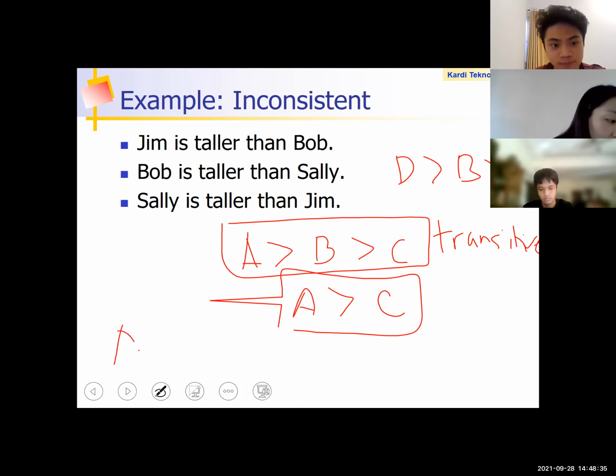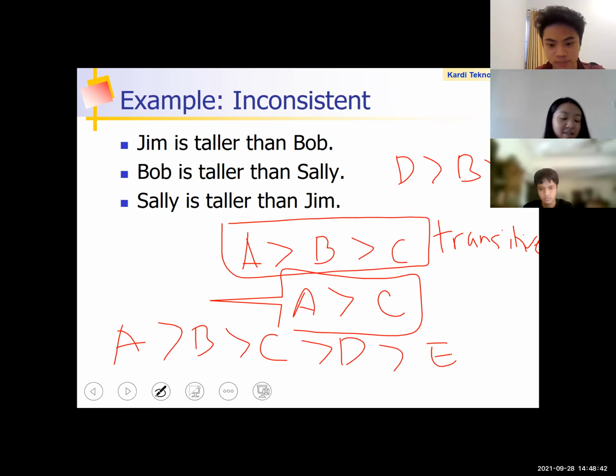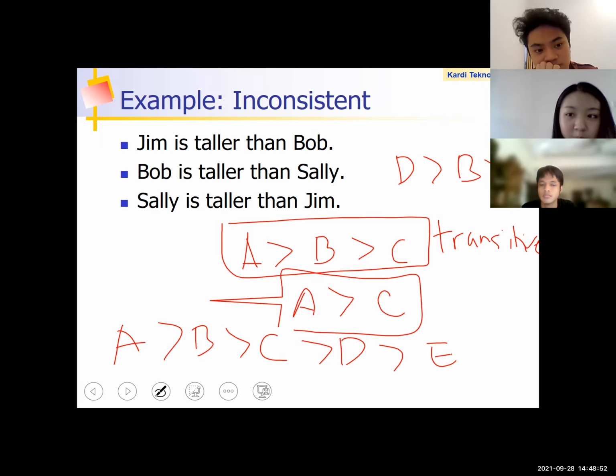For example, A larger than B, larger than C, larger than D, larger than E, then you ask whether B is larger than E, you forget already. If you ask a very long question, people tend to forget. They don't even remember what they prefer.